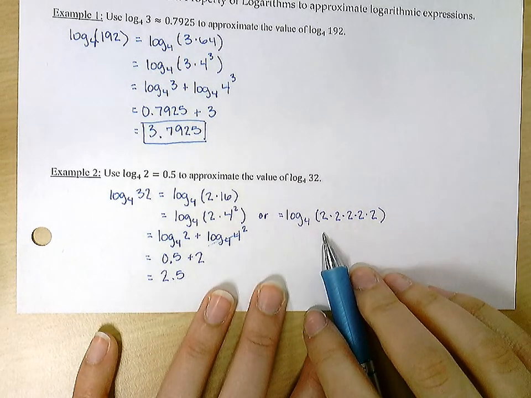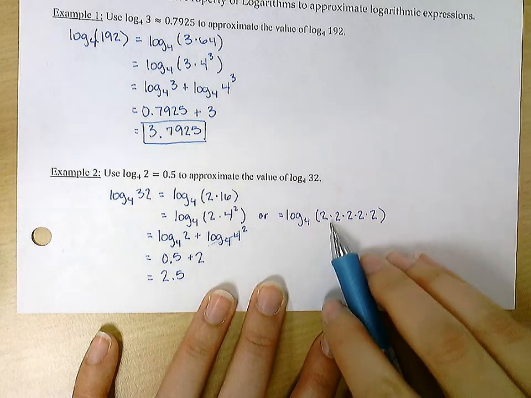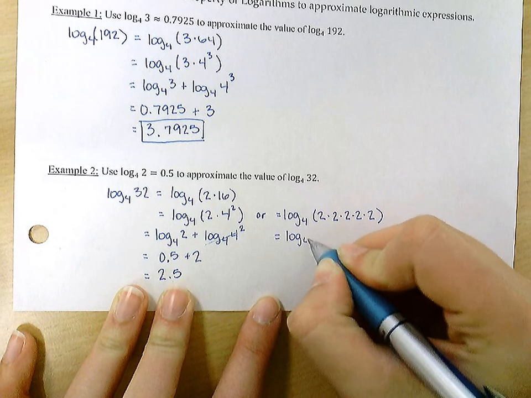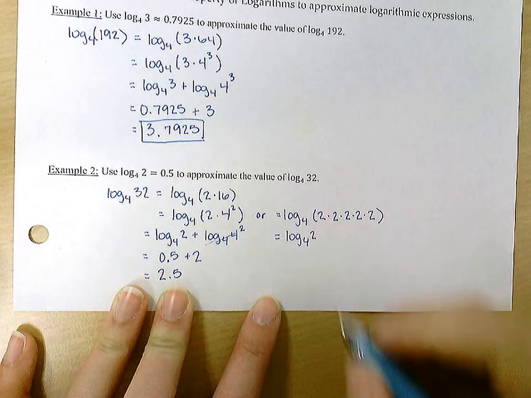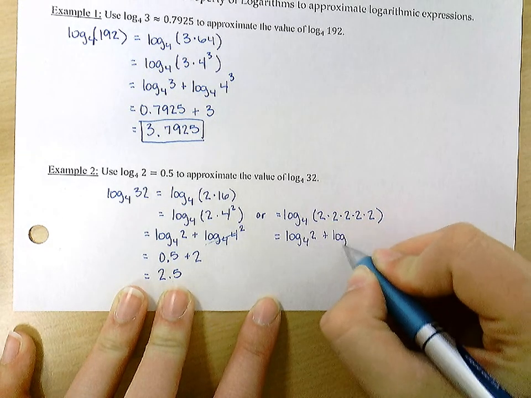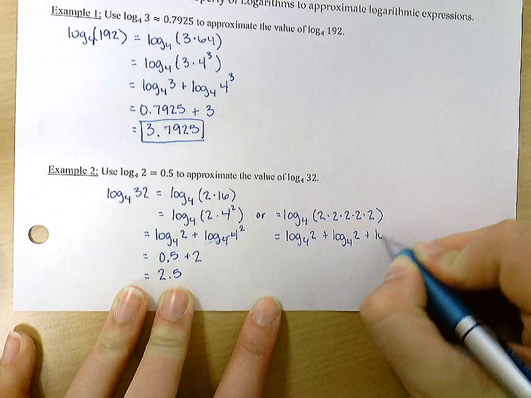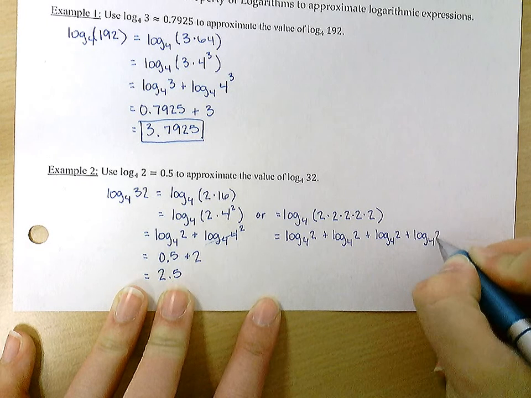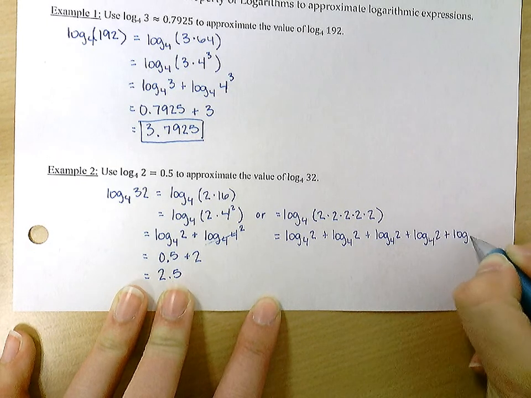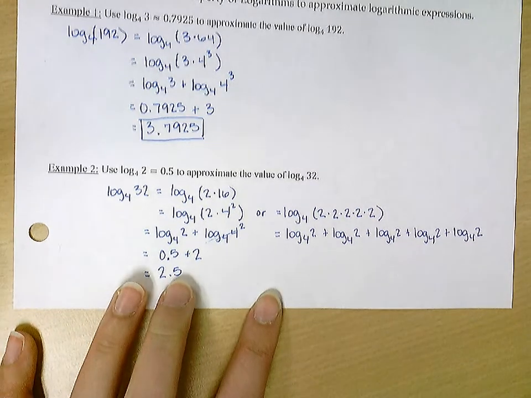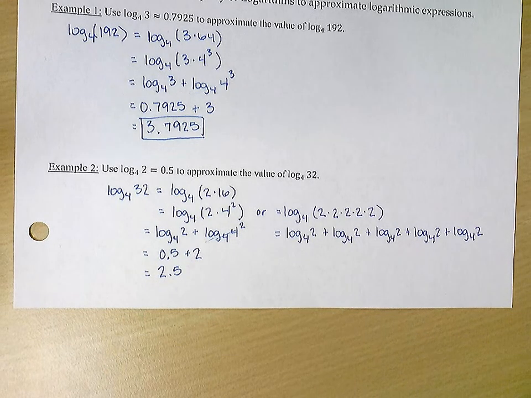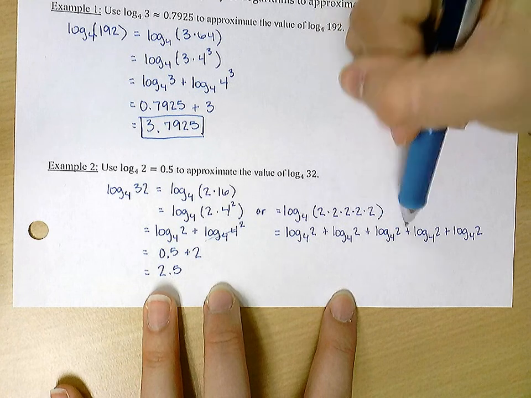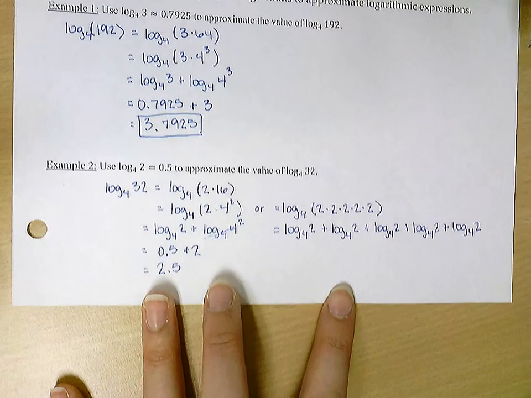Now here, since these are all multiplied together, we can change that to addition. So log base 4 of 2 plus log base 4 of 2, and so on here. Since they're multiplied within these parentheses, we can change those all to addition.